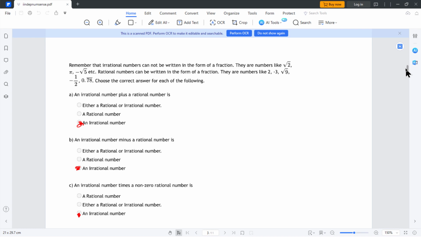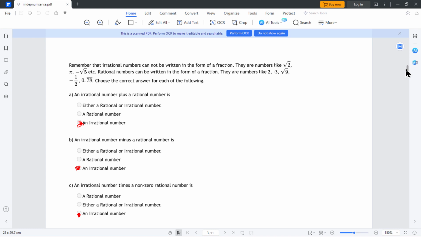So then it asks us to complete the following. An irrational plus a rational number is going to be an irrational number. For example, 0 plus pi is still an irrational number.